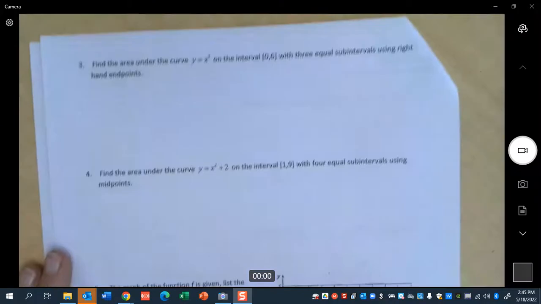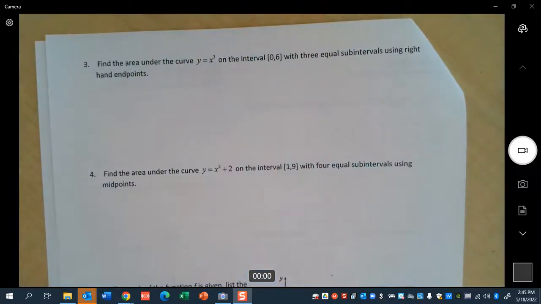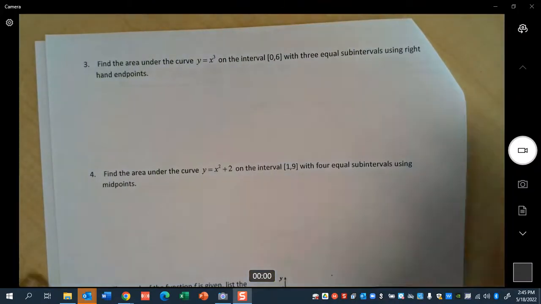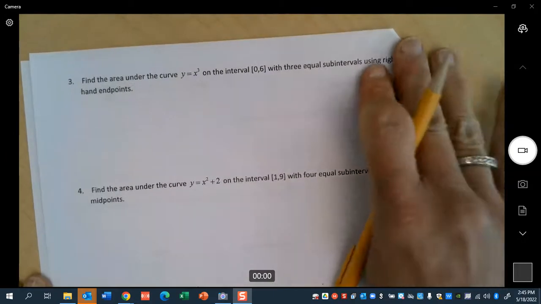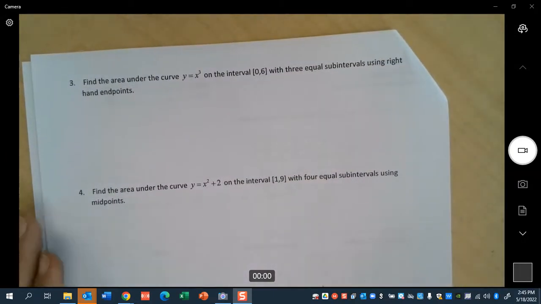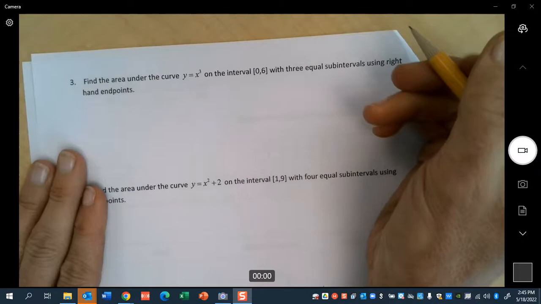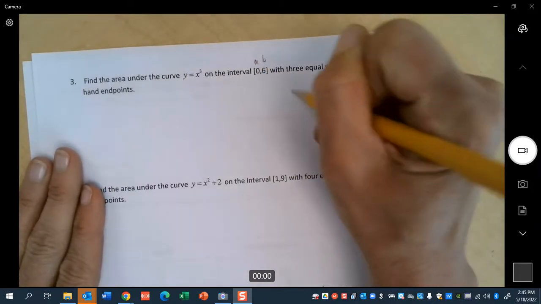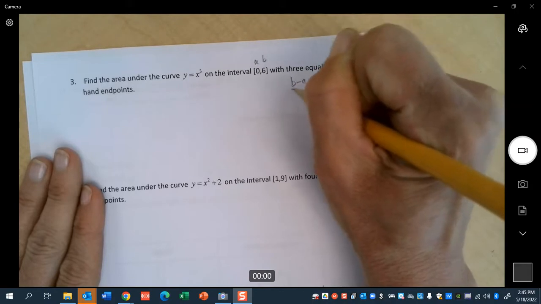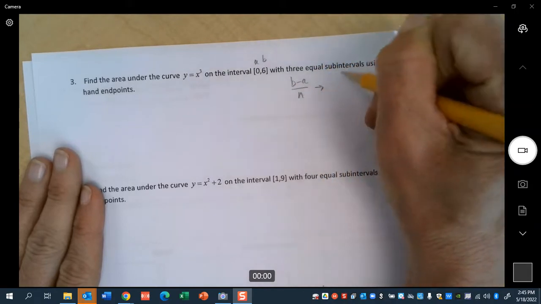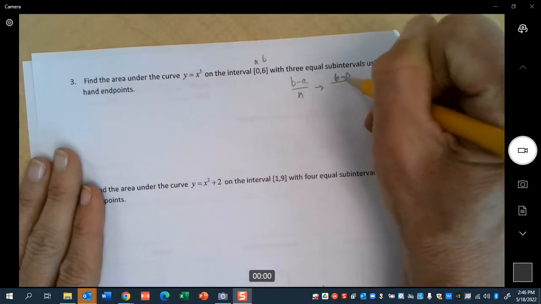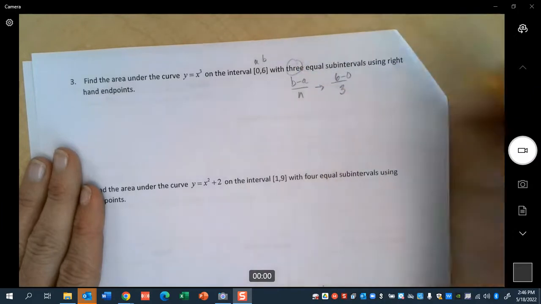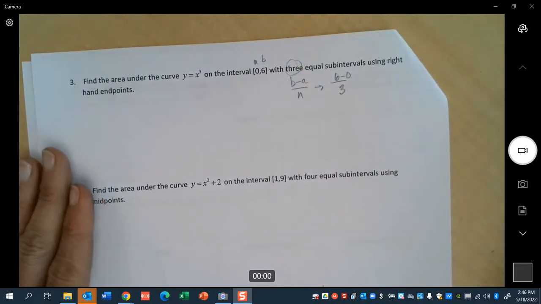All right. This next one: find the area under the curve y equals x cubed on the interval with 3 subintervals using right-hand endpoints. Let's talk about what that means. If this is my a and this is my b, b minus a over n is going to give me 6 minus 0 with 3 subintervals.